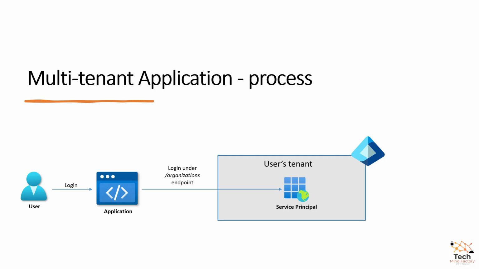Absolutely. It works exactly in the same way: there is an app registration, and for that app registration, there is a service principal created. But the thing is that when you create an app registration using the admin center, the service principal is automatically created for the app registration. So it's automated. When you create an app registration in your Entra ID tenant for a single tenant app, the service principal is automatically created for you in your home tenant.